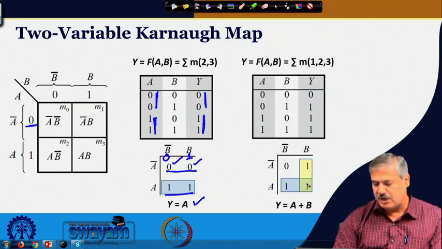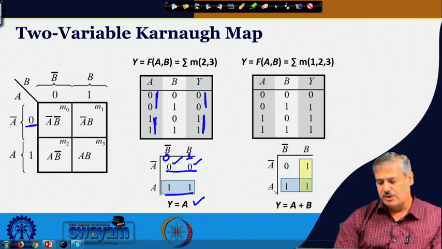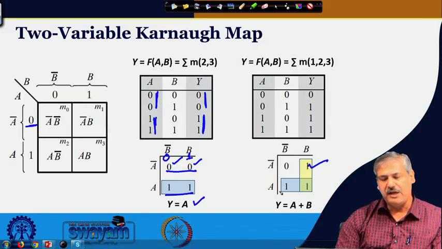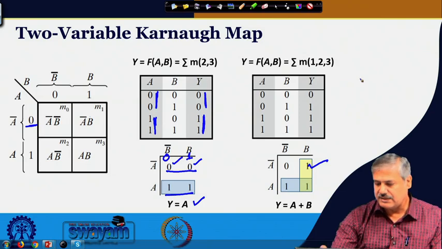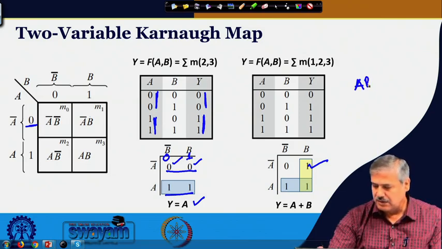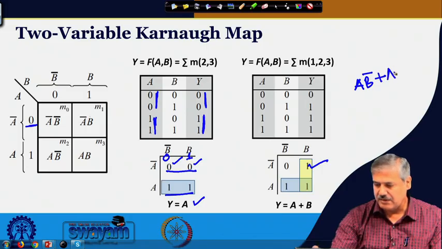So, again this 1 1 is present, right. So, this particular group can give us a minimized version of what would otherwise have been a b bar plus a b.